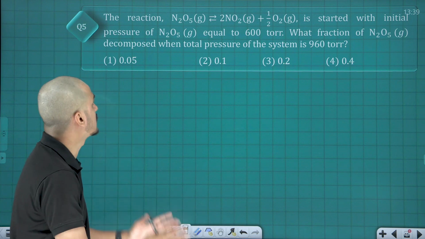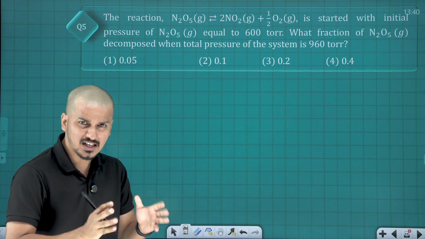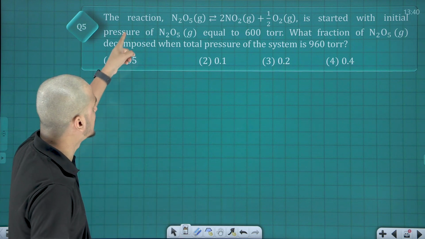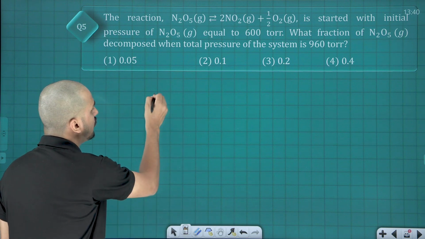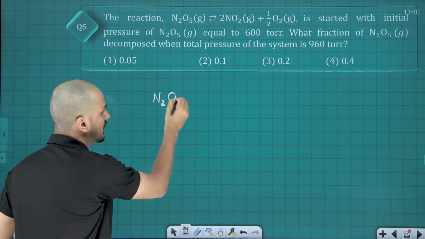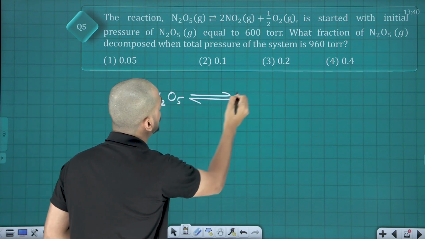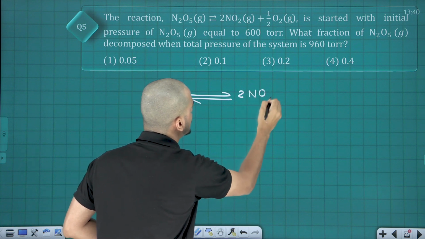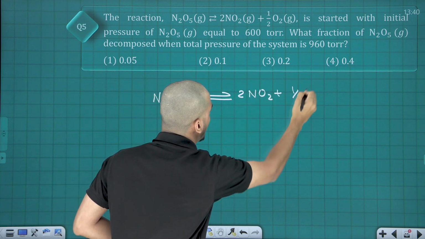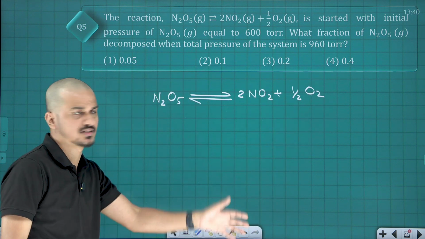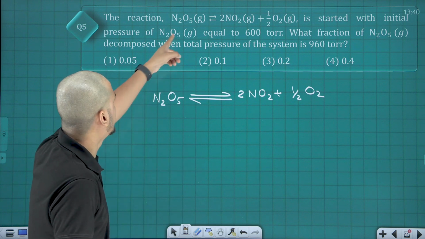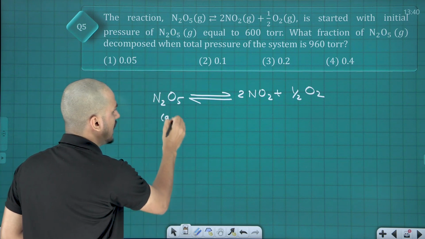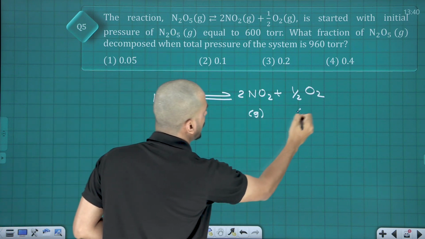Okay, then next question, again from chemical kinetics, you can see the reaction N2O5 is decomposed into 2NO2 plus half O2. One reaction they gave, it's a first order reaction. Here it's a gas, this one also gas.